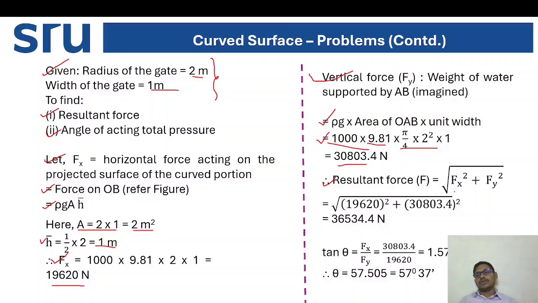The resultant force is the root of Fx squared plus Fy squared. So 19620 whole squared plus 30803.4 whole squared, that is equal to 36534.4 newtons. So tan theta is equal to Fy by Fx, that is 1.57, and theta is equal to 57.505, that is 57 degrees 37 minutes.